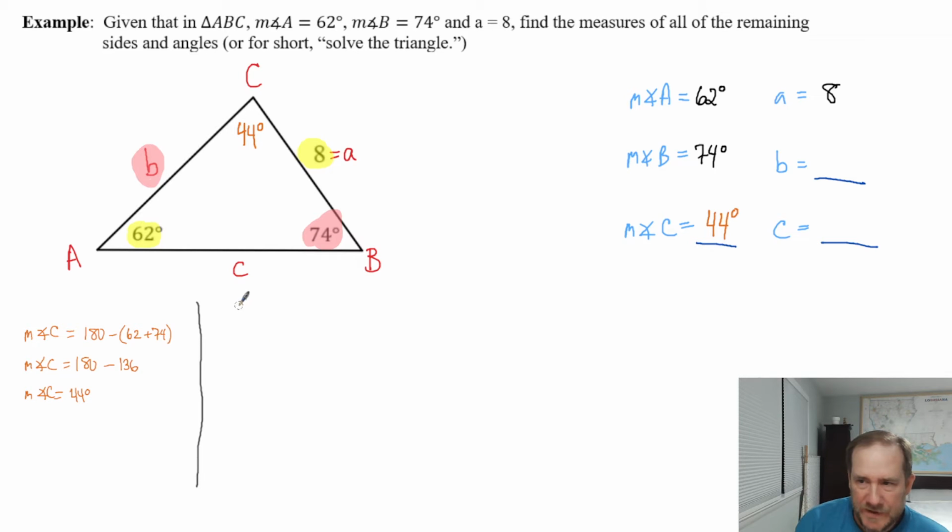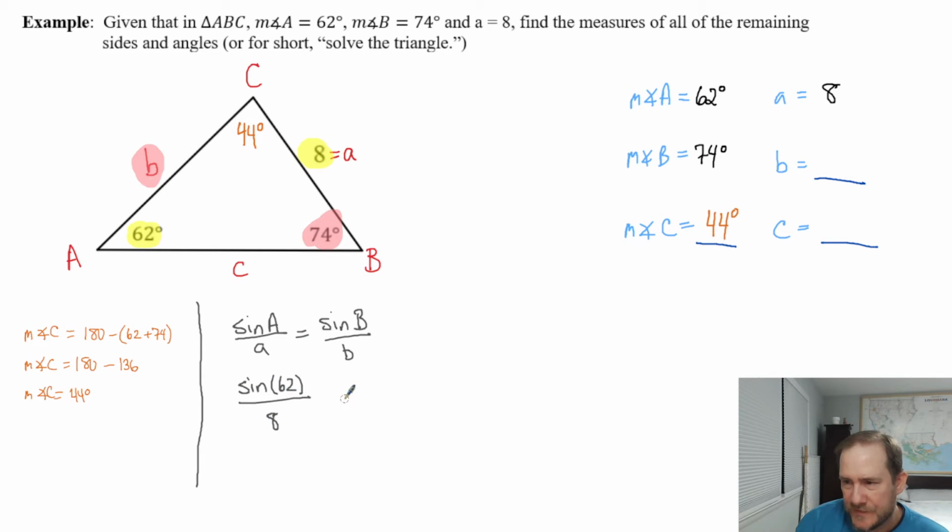Well, we've got the law of sines, which says that the sine of an angle divided by the opposite side length is equal to the sine of any other angle divided by the opposite side length. So the A's are kind of the key to this problem. They're sort of the linchpin. So I know that angle A is 62, so I'll substitute that in. I know that side a is 8, I'll substitute that in.